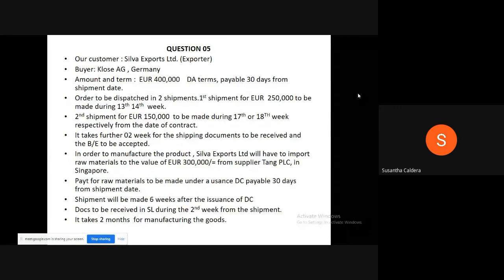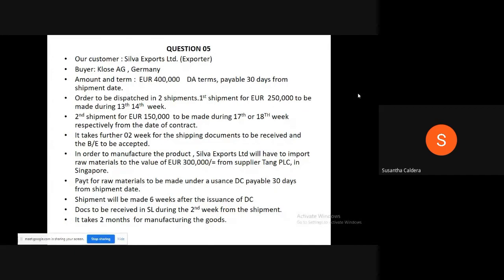Shipment will be made 6 weeks after, and the documents to be received in Sri Lanka during the second week from the shipment. That is not needed. We take 6 weeks, 30 days from shipment date payable. So we don't take the 2 weeks mentioned there.